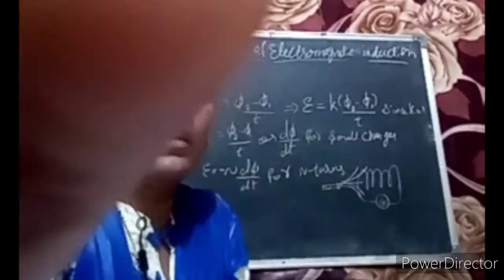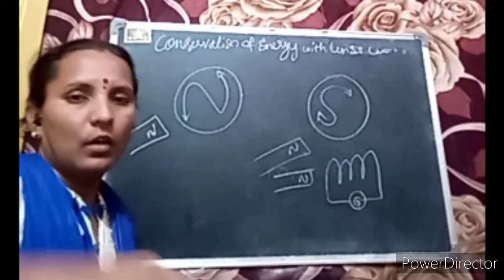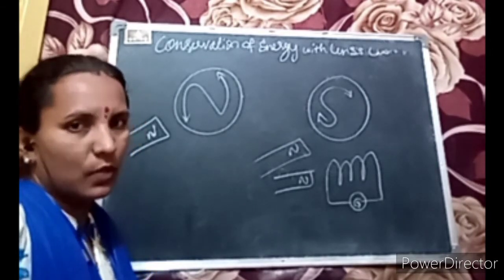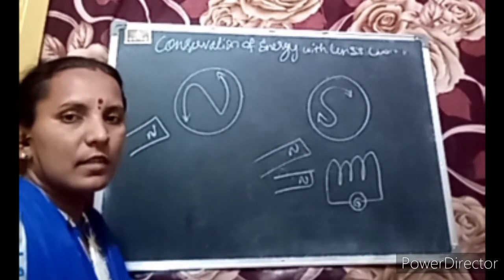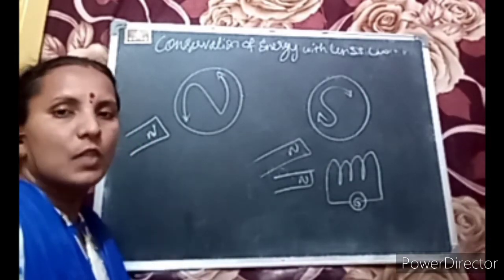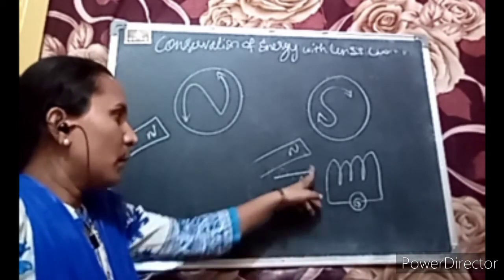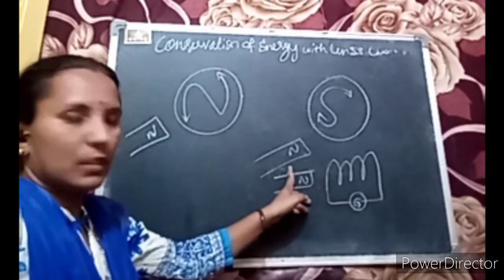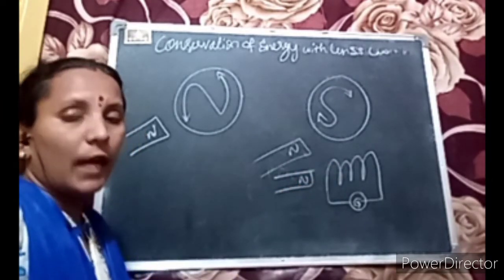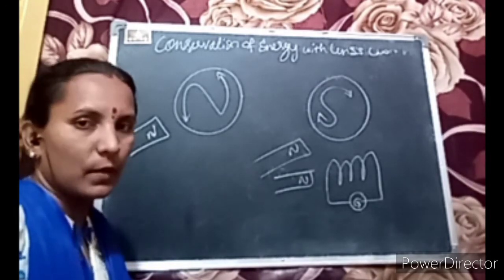What is there in a 5 marks derivation? Consequence of the energy conservation law with Lenz's law. Lenz's law gives information that energy is conserved in this case also. How it is conserved, let us see now. When the north side of the magnet is pushed towards the coil, the magnetic field around the magnet will push the electrons in the coil, and those electrons start to flow in the coil, which induces current.